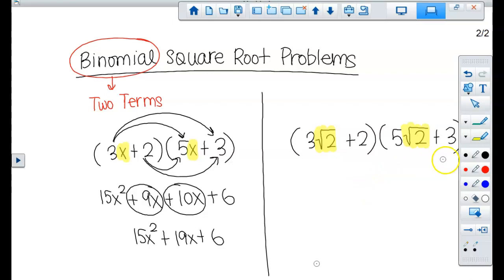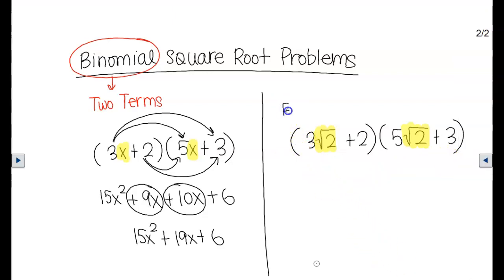So to do this problem, the first thing we are going to do is multiply, and we're going to multiply by distributing. Both of these terms over here are going to be distributed over here just like we did in this problem on the left.